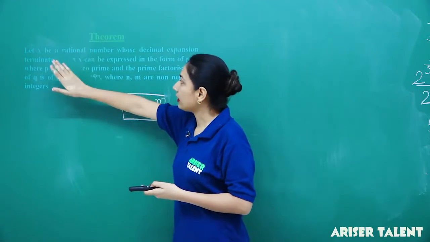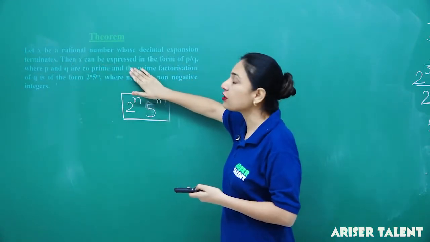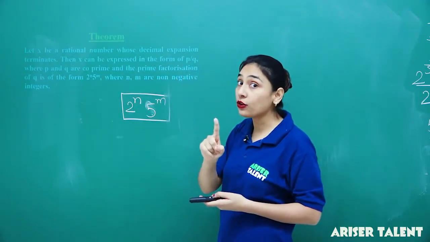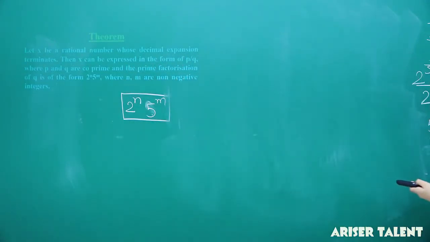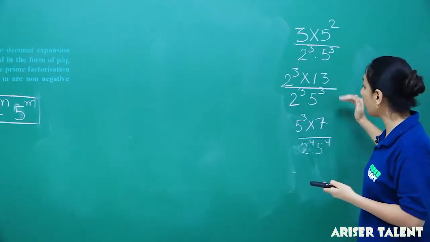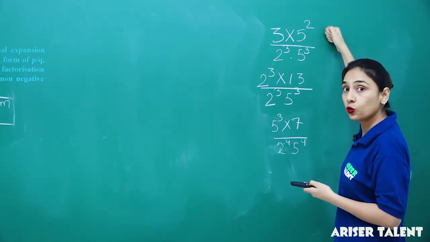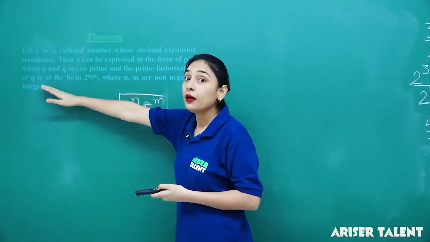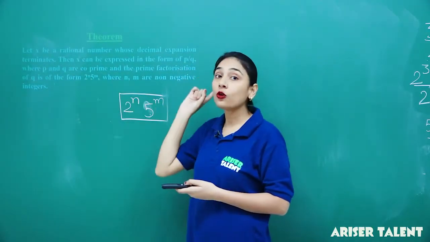Then x can be expressed in the form of p by q, where p and q are co-prime.